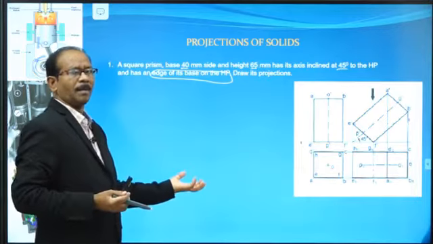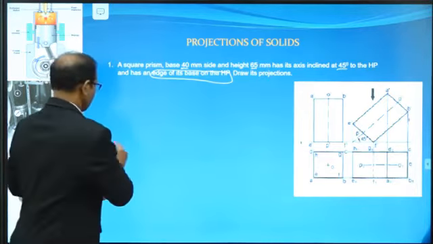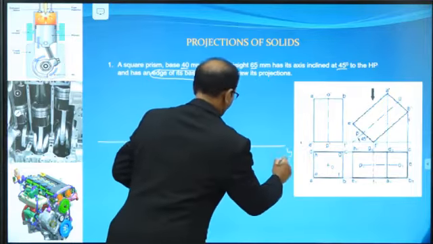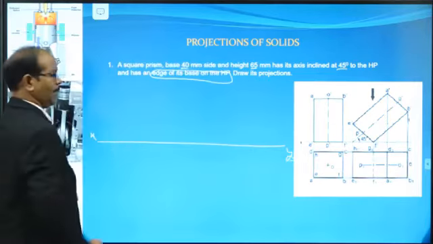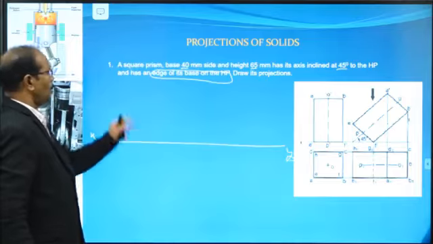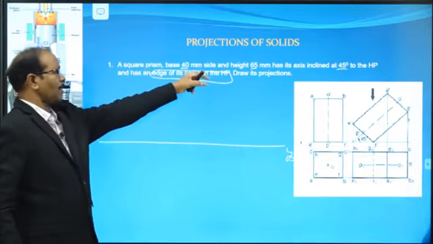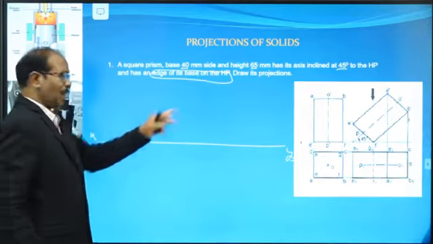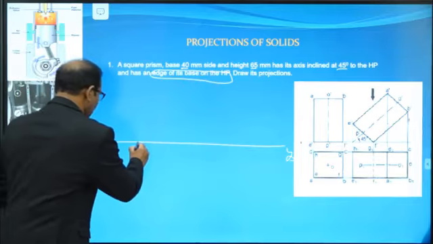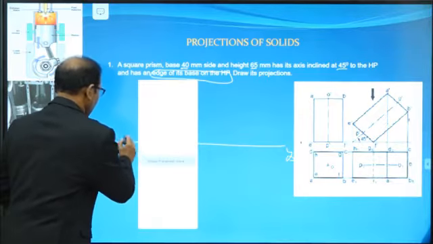Now, how to start with this problem? Draw an XY line. Now, draw the base, a square of 40 mm side. Select one side perpendicular to the XY line.